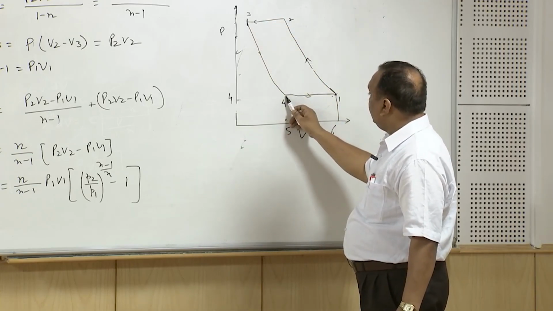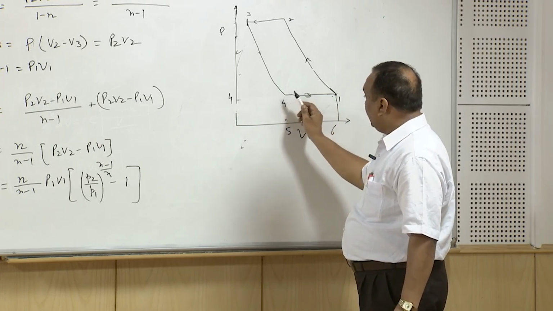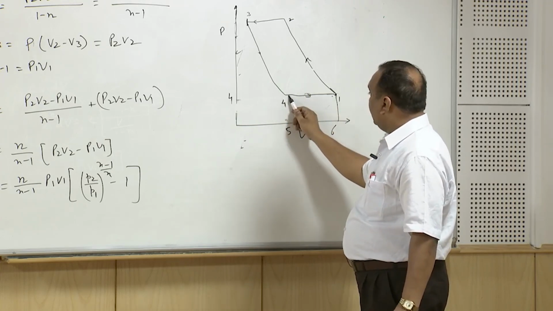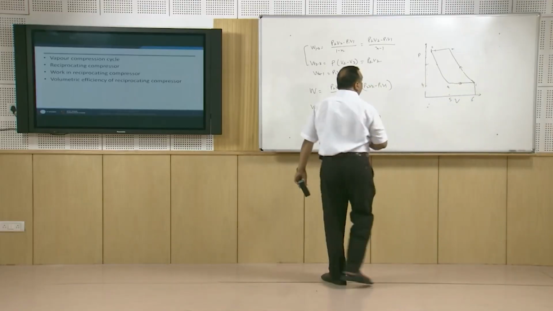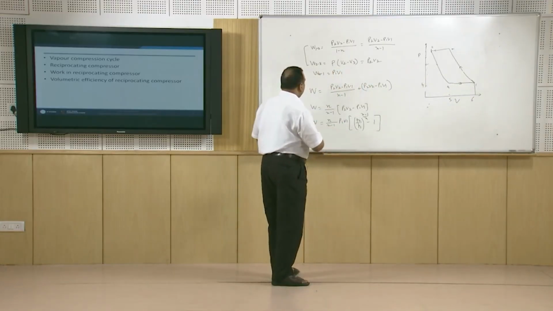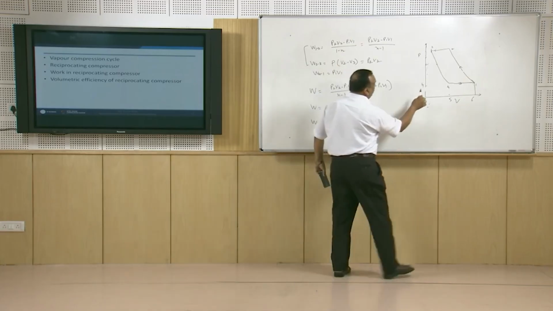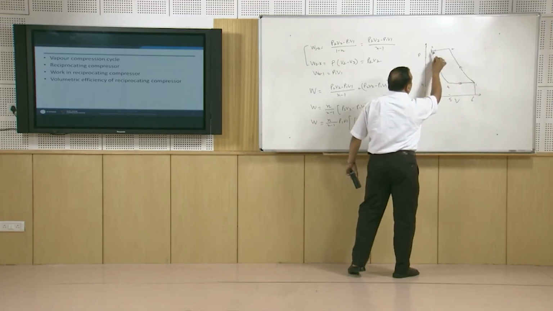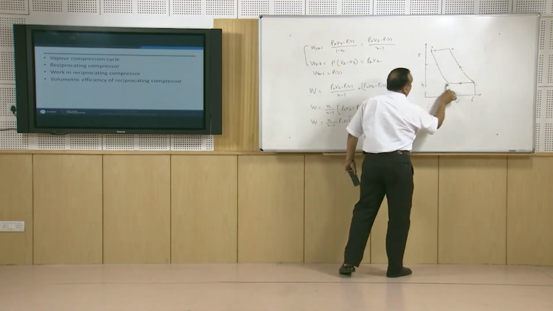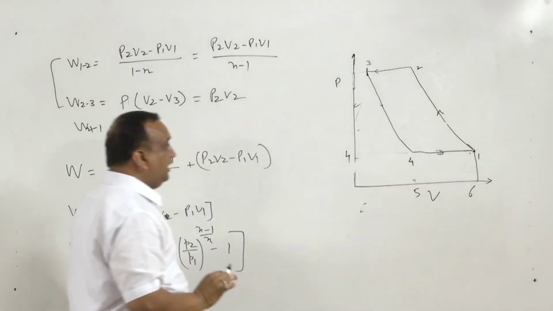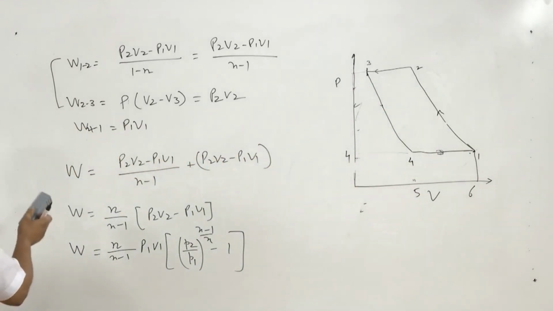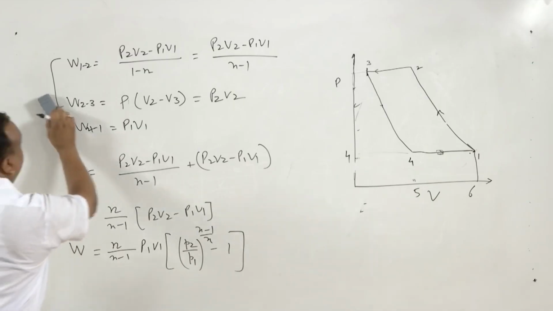When state 4 is attained, the inlet valve of the compressor opens and suction of vapor takes place. So in order to find work done during this process, we have already calculated work done in this process. If we take work done in this process minus work done in this process, it will give the work consumed by the compressor.